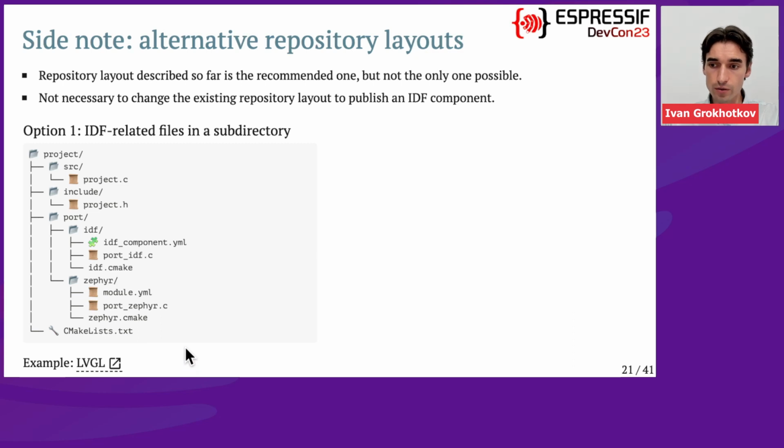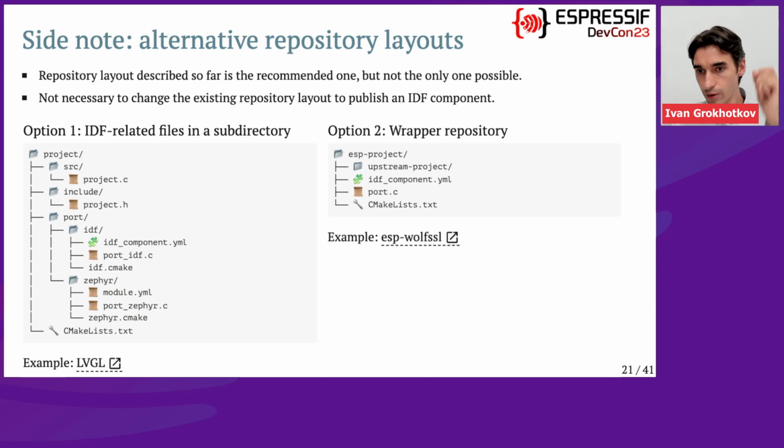In this case, when you're uploading the component to the component registry, you just need to copy this YAML file to the root of the repository. The other approach we can take a look at is similar to that used in the ESP wolfSSL component. In this case, there is the upstream project, in that case wolfSSL, that is added as a submodule.